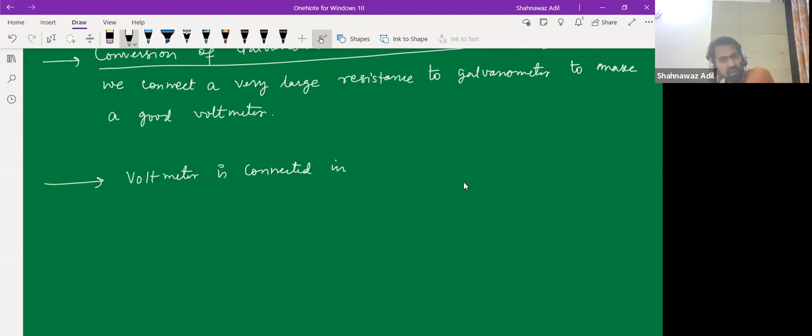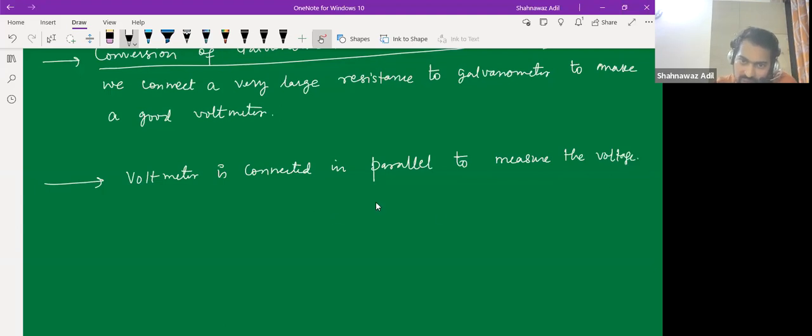How is the voltmeter connected to measure the voltage in a device? Yes, parallel, right? Because we know that in parallel the voltage is the same. So voltmeter is connected in parallel to measure the voltage.